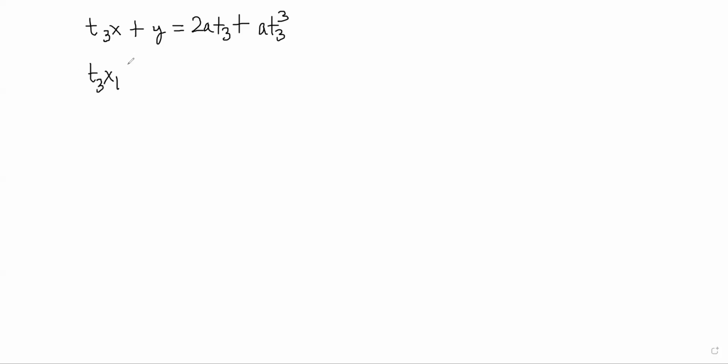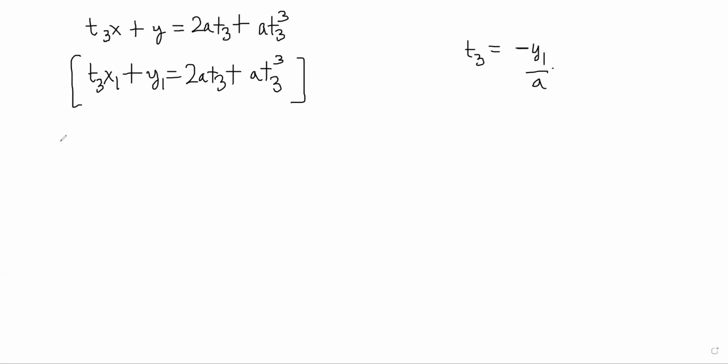So I can write T3 x1 plus y1 is equal to 2a T3 plus a T3 cube. And we already know now that T3 is equal to minus y1 by a. So putting T3 here, we will be able to eliminate T3 from this equation, right?